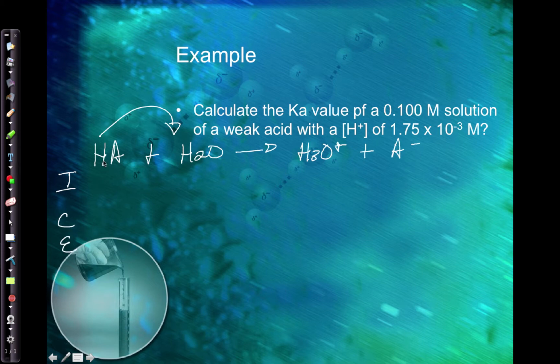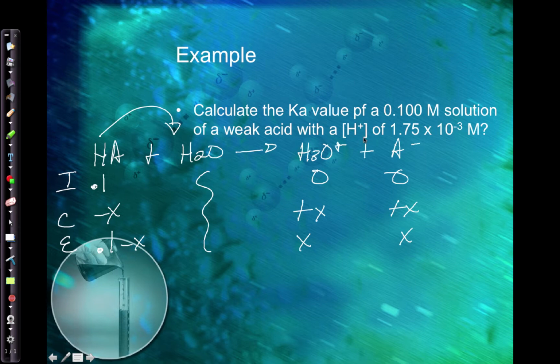Well, I know what the initial concentration is. It's 0.1. Water doesn't matter. This is 0. This is 0. Well, I'm adding for this. And then I'm subtracting for the acid. All right, so now I know.